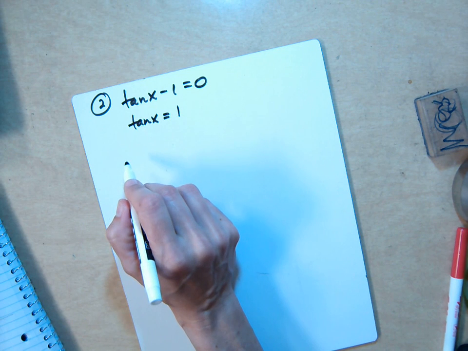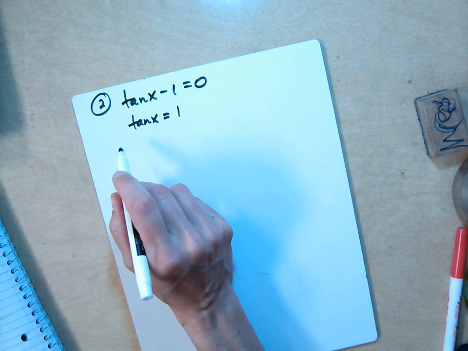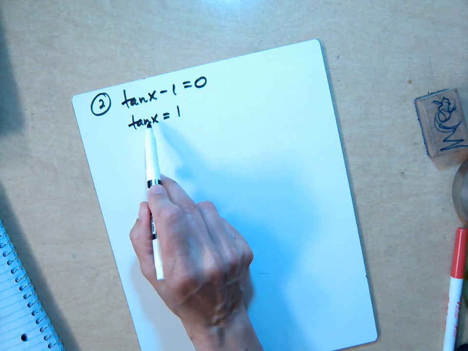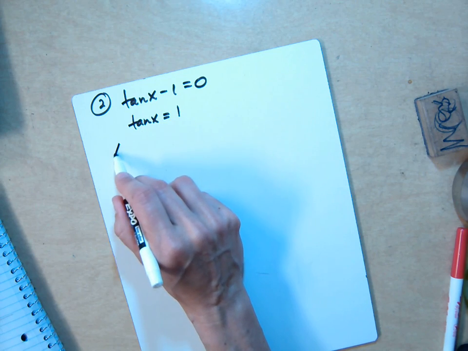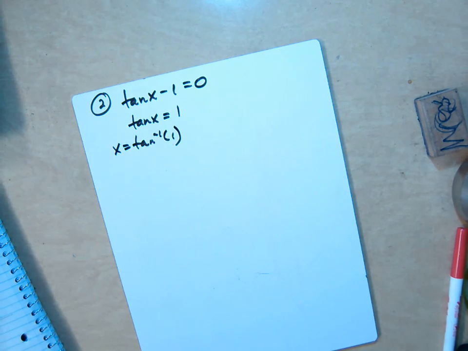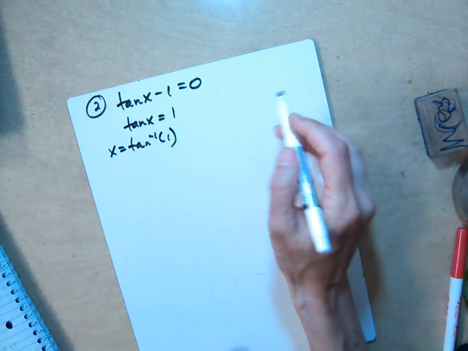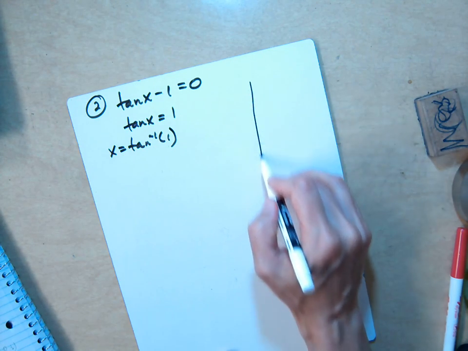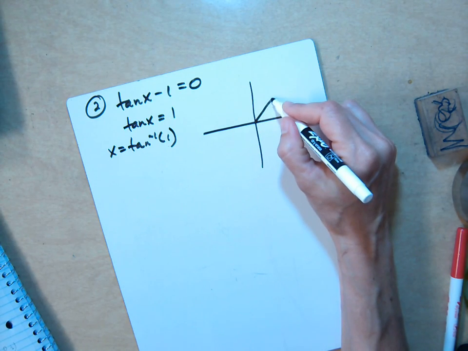Therefore, you can't divide both sides by tan. It just does not make any sense to separate the tan and the x; they go together. You cannot separate them. So x is the inverse tangent of 1. So this is review of the last unit. You have to ask yourself, where is the tangent 1 on my unit circle? When you divide the x and the y coordinate, where does that happen?